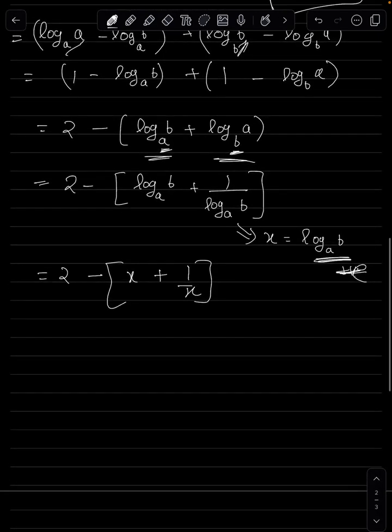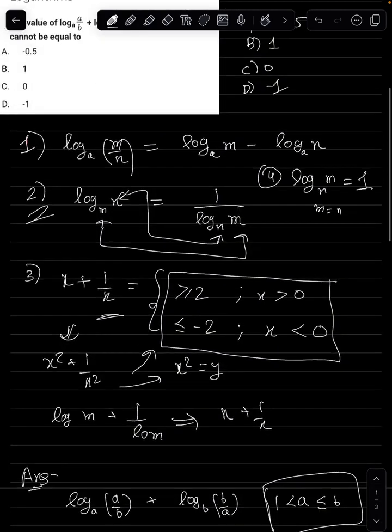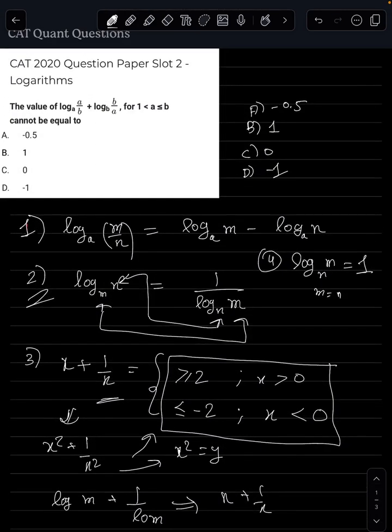How? Let's check the first case. If this value is equal to 2, then 2 minus this whole value will be 2 minus 2 equals 0. So 0 can be the answer, but we have to find the value that it cannot be equal to. So we will cut this because this value can be equal to 0.